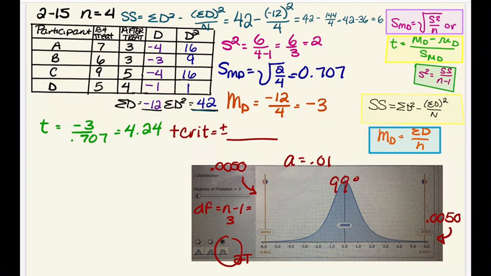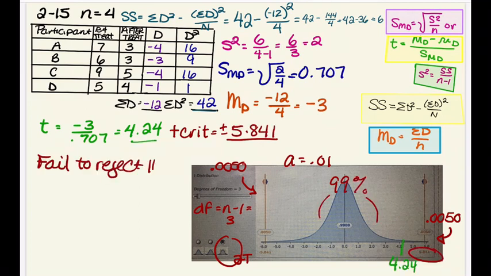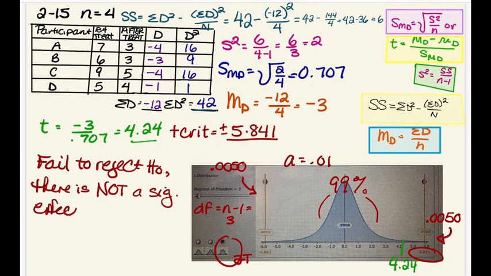And we'll find that our critical t value is 5.841. Since our t is 4.24 and is inside the body, we'll fail to reject the null because there is no significant effect.